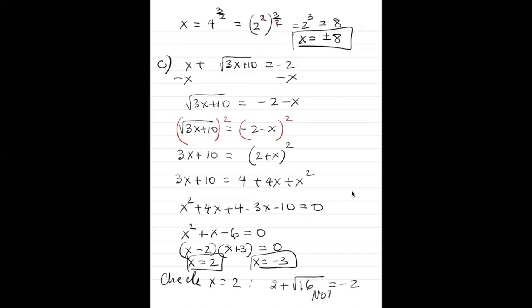Not possible. Doesn't work because the square root of 16 is 4, plus 2, that doesn't equal negative 2. So we need to reject this one and then check the other one. It should work. And this concludes the lecture for 5.3.